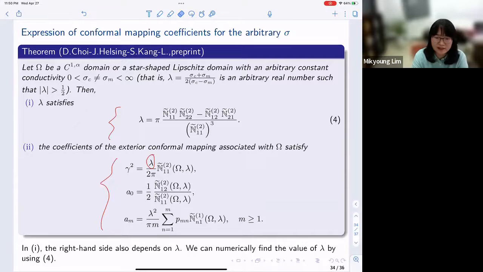We have this kind of explicit formula. For the extreme conductivity case, the A_M is from the GPT up to order M. To correctly recover, we know how many GPT values to use.